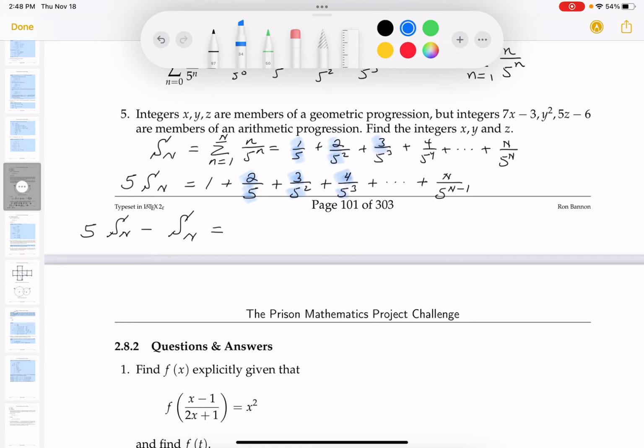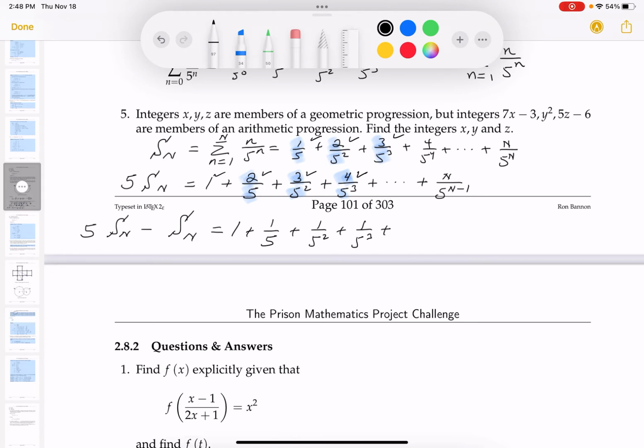These terms, pairwise, go really nice together. All right? So what would you get? You would get 1. That's right there. And then this minus this is just 1 over 5. And this minus this is going to be 1 over 5 squared. And then this minus this is going to be 1 over 5 cubed.